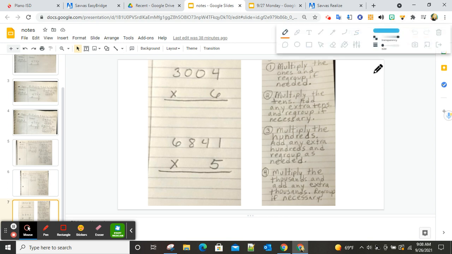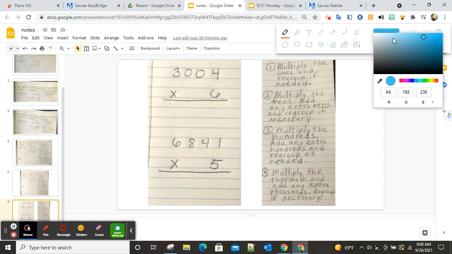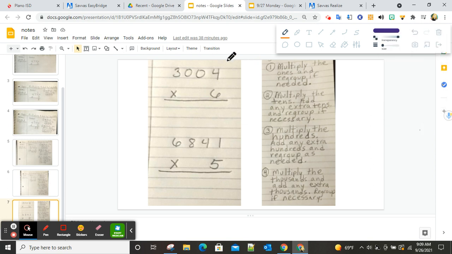I'm going to go ahead and start solving. I'm going to change the color though, to make it so that you can see it better. So the first step says multiply the ones and regroup if needed. 6 times 4 is 24.